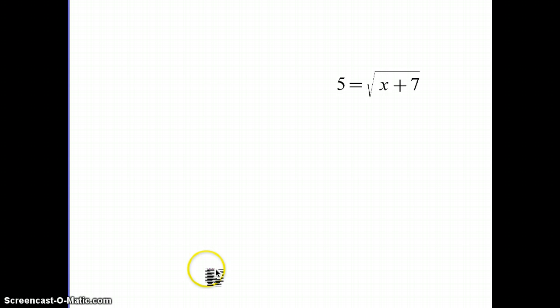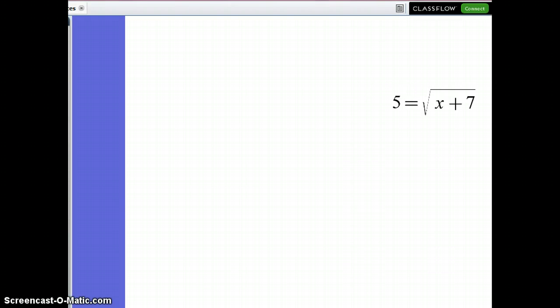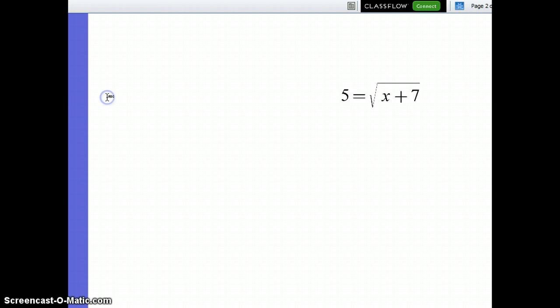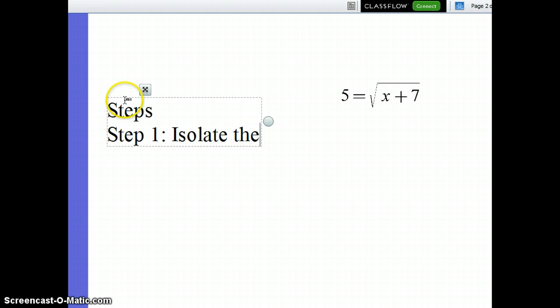Before we get started here, I am going to list out some steps for you. Step 1 is going to be to isolate the radical. And remember, that means get it all by itself.